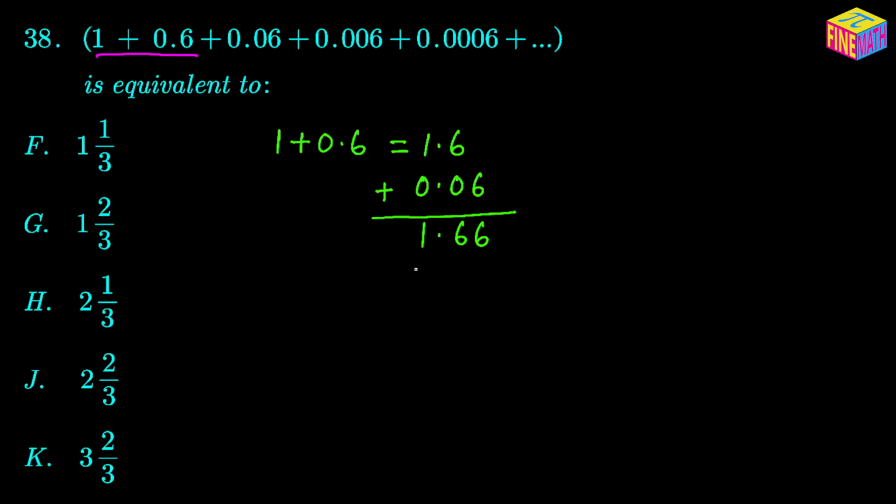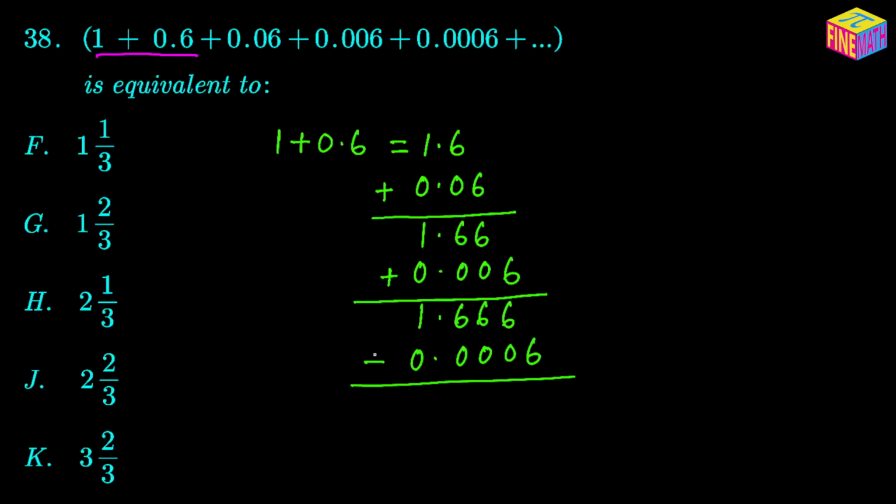And then if we again add 0.006, so now I'm adding the fourth term here, that's going to give us 1.666. And then let's add the fifth term, which is 0.0006. And finally we are going to get 1.6666. And guess what? This series continues to infinity.